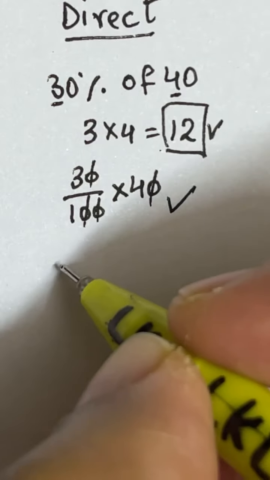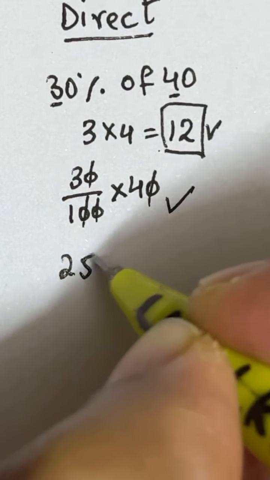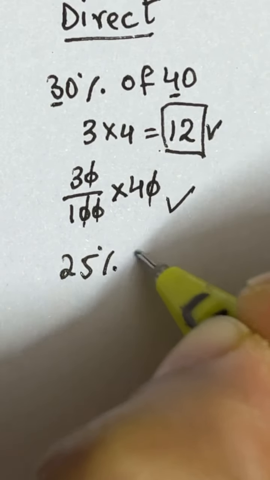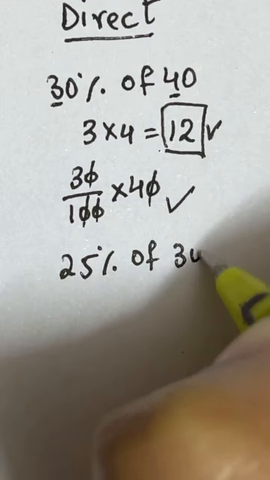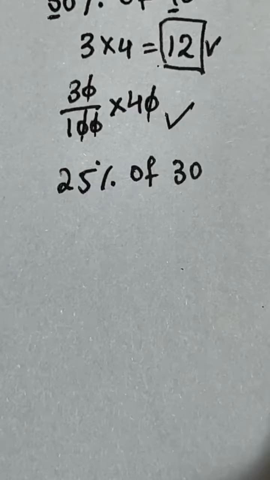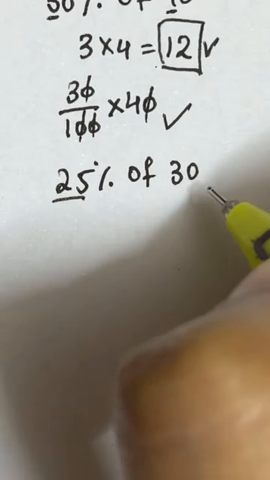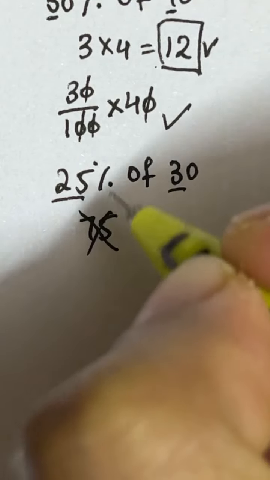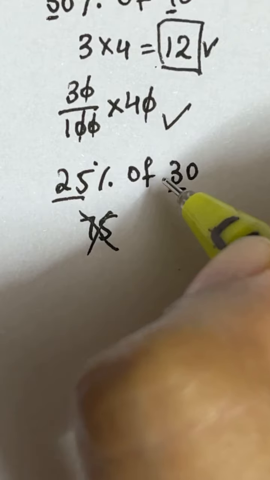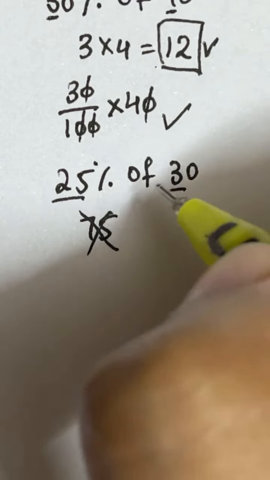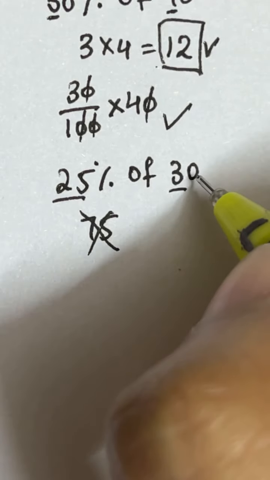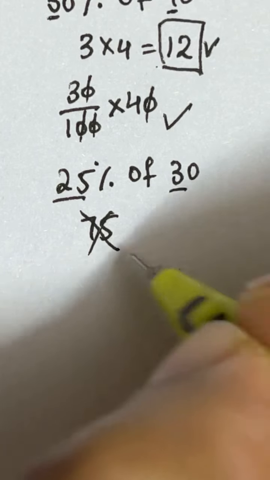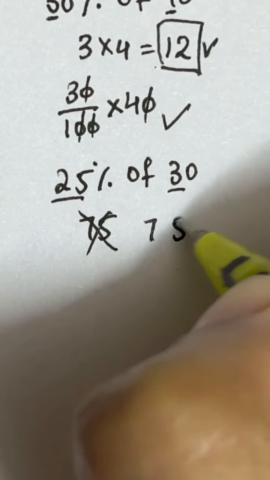Now, for example, if you have something like 25% of 30, what do you do? 25 times 3, and that's your answer, 75? No. You do 25 times 3, that will be 75, but you only have 1 zero.